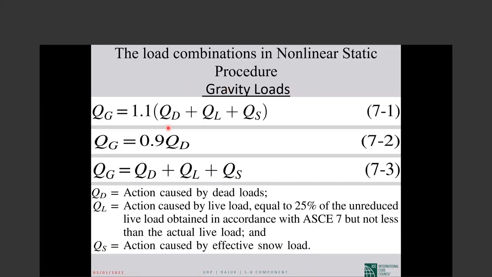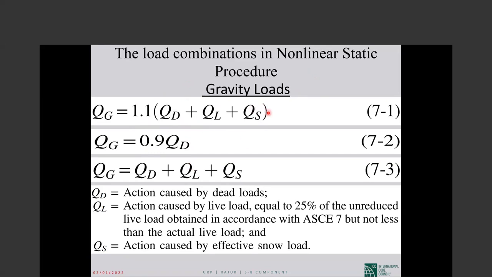I mentioned that previously it was just one formula for the maximum gravity load and one for the minimum gravity load, including dead and live. Now snow is added, so it becomes three combinations for the gravity load.